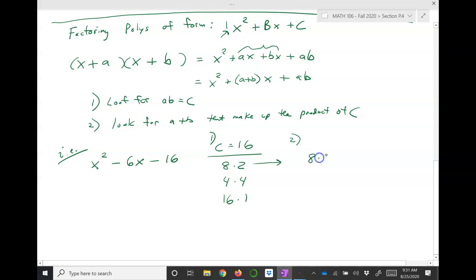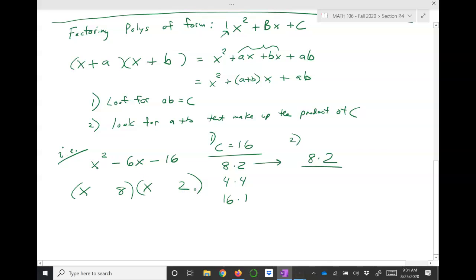So 8 and 2 are going to be involved in our factored polynomial. So now here's what you do. In these cases, where the coefficient next to x squared is always 1, these first two terms are always x. And then the terms that we're missing here are the ones we just found. So 8 and 2.